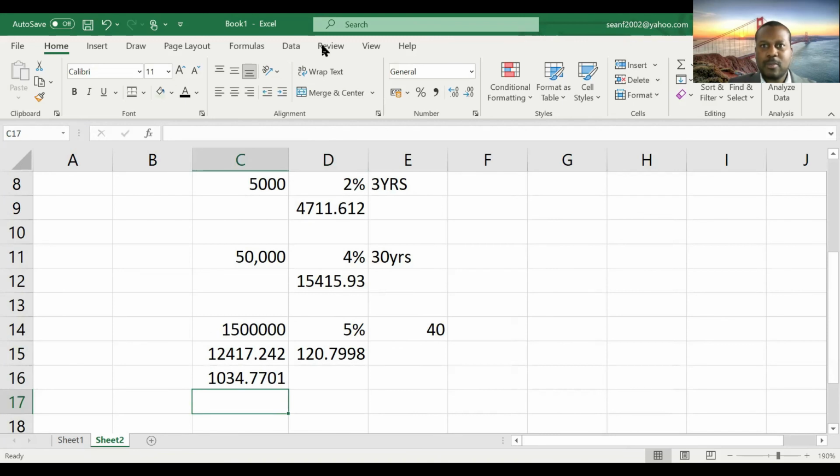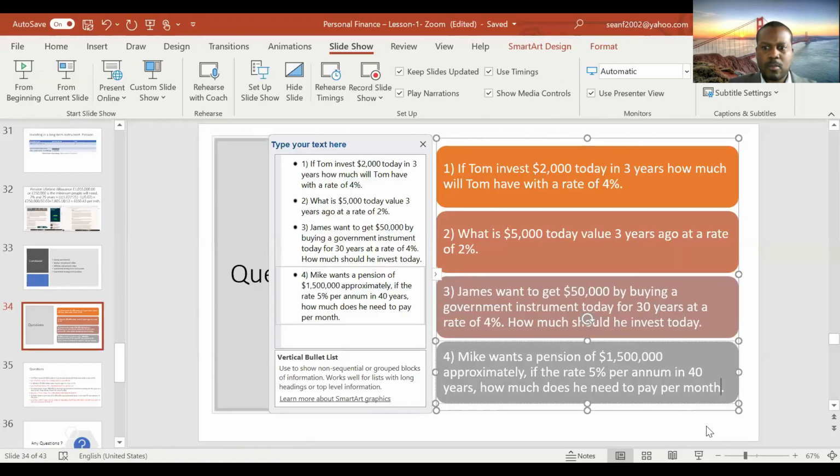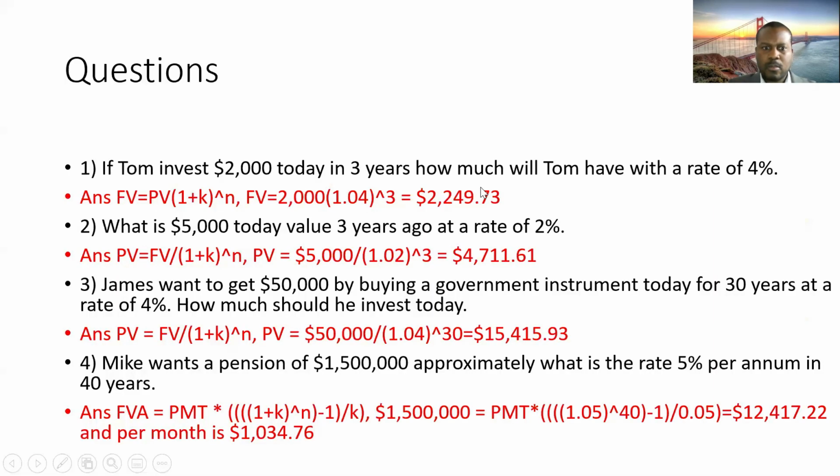Let's just check. Yes, 1,034.76. Exactly what we need.